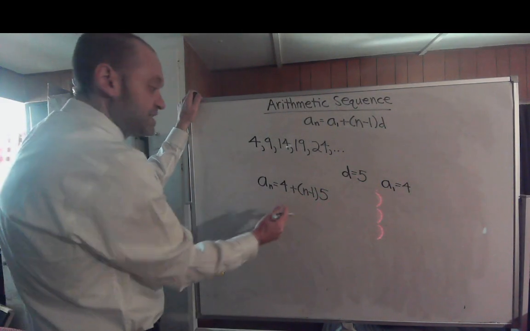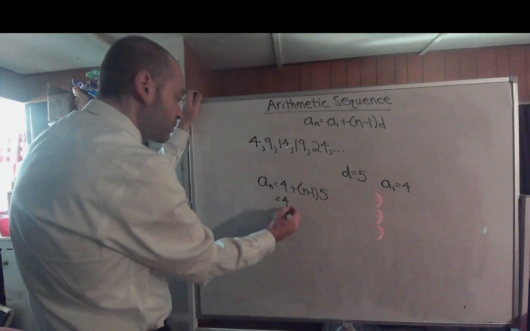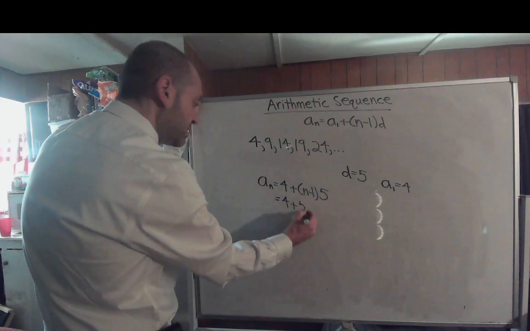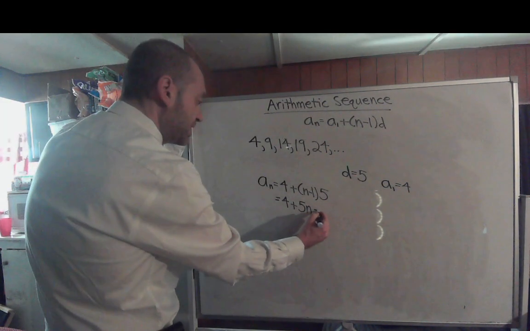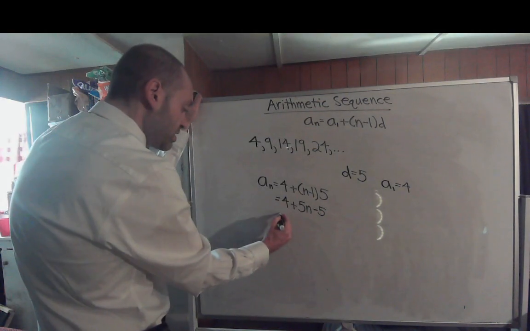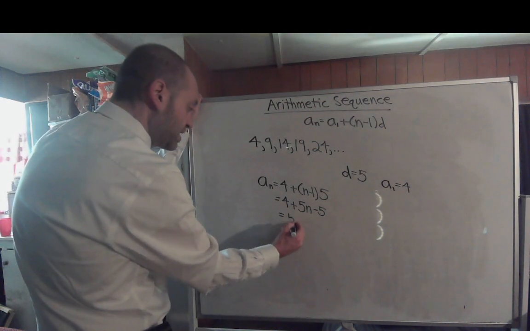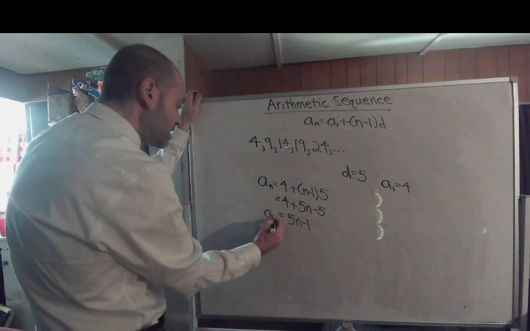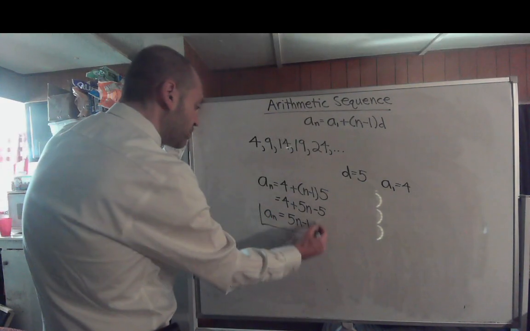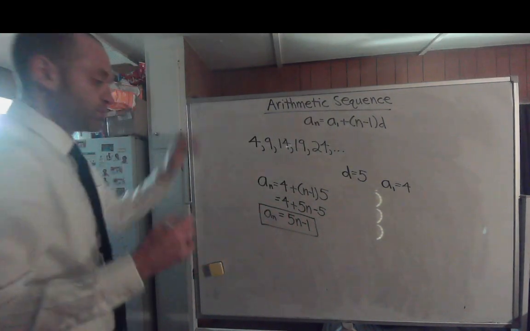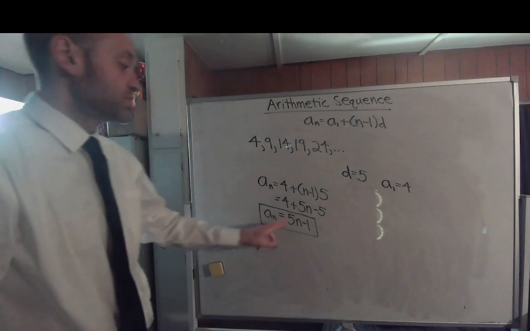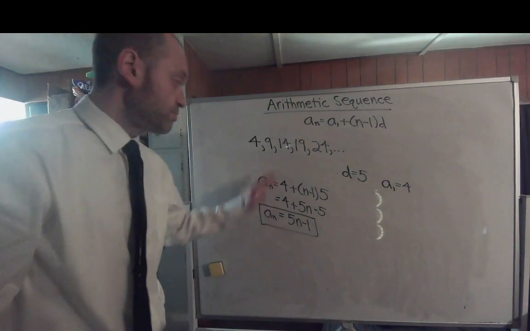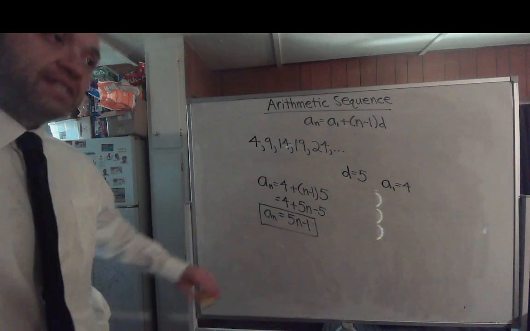Now we just need to simplify this, so we'll have 4 plus, we'll distribute that 5 into this quantity, 5n minus 5, which when we simplify this would end up giving me 5n minus 1. So I get the formula for this arithmetic sequence to be a sub n equals 5n minus 1. And these are actually very nice to deal with.